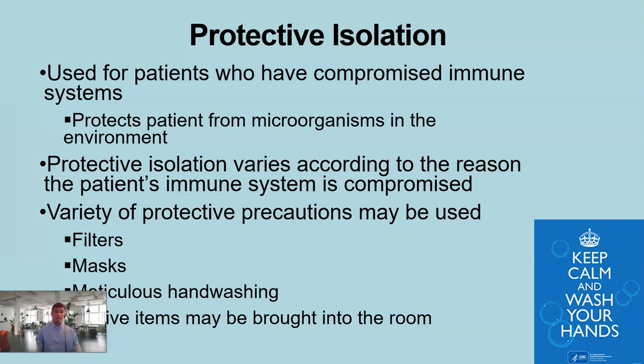The patient must be assessed carefully for signs and symptoms of infection. No live plants, fresh flowers, fresh fruit, or vegetables, sushi, or blue cheese may be brought into the room because they may harbor bacteria and fungus. And these are all kinds of specific thoughts that come along with a variety of protective precautions that may be used depending on why the patient is immunocompromised and what's going on there.